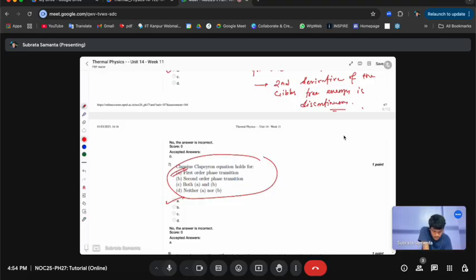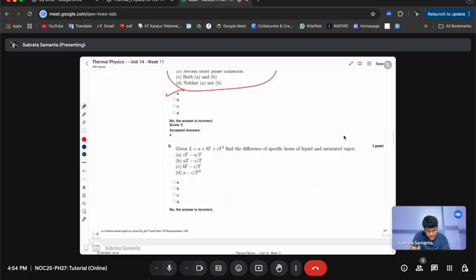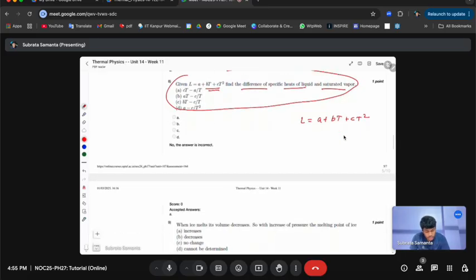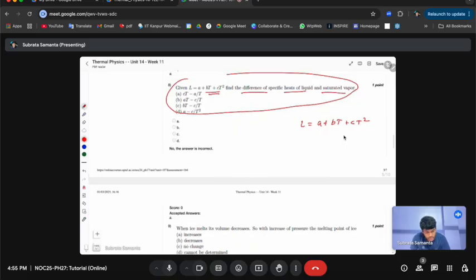So the problem number 8. L is the given latent heat, L is basically A plus BT plus CT squared. Find the difference of specific heats of liquid and saturated vapor. Again we use the same equations.